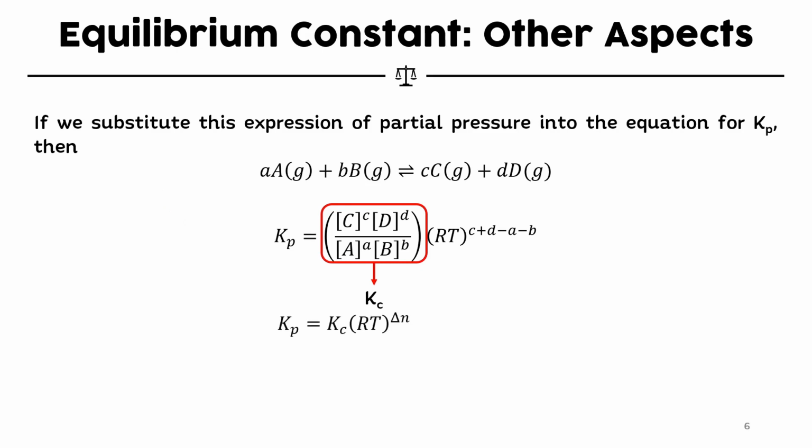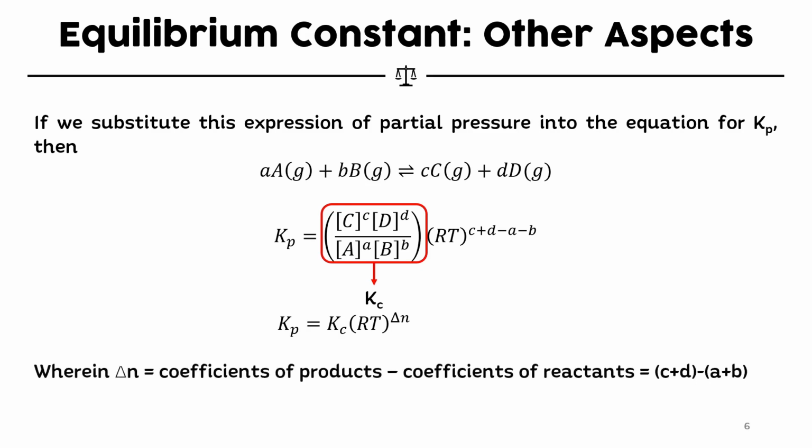So the final equation, or our working equation, would be Kp is equal to Kc multiplied by RT raised to the power of delta n, wherein delta n is equal to the coefficients of the products minus the coefficients of reactants in their balanced reaction.